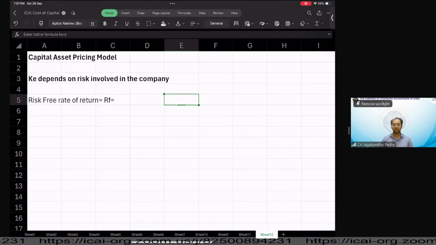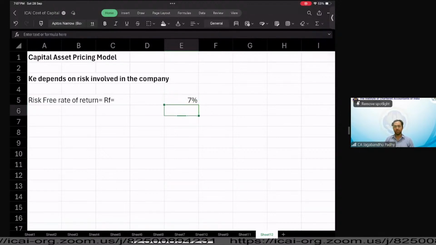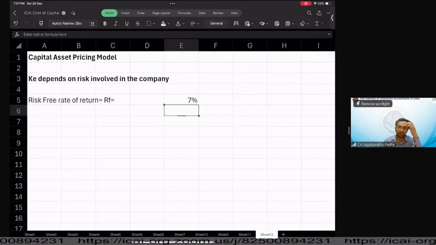So risk-free rate of return, RF, is simply, let's say, 7%. Without taking any risk, if you invest in a particular government security, you're likely to get 7% return.